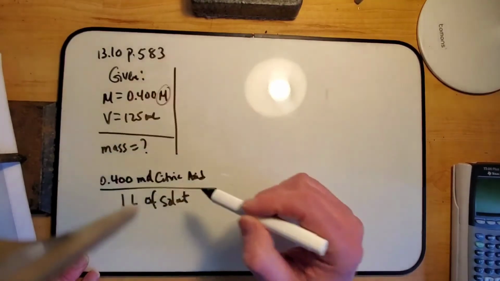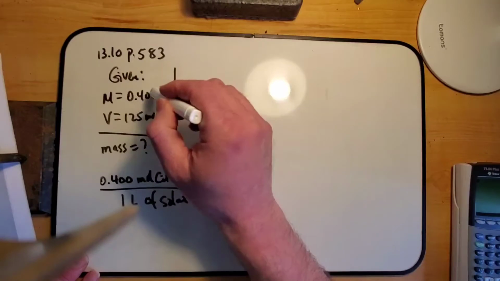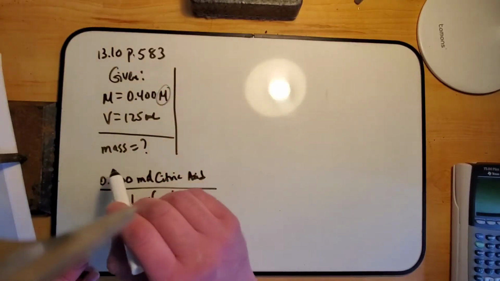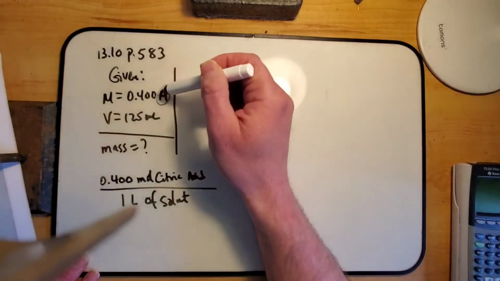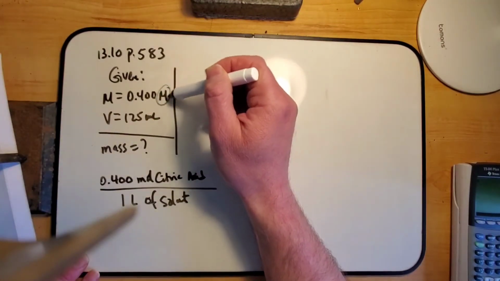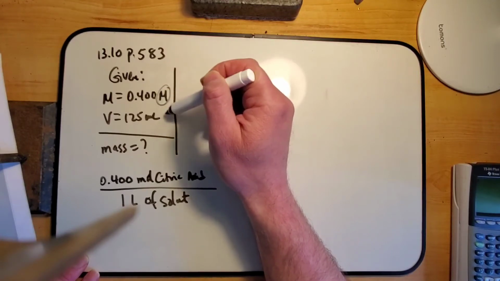So anytime you're given molarity, it's always whatever this number is in moles, and in the bottom is always going to be 1 liter. If you unpack this molarity unit, it's broken into moles over volume in liters.